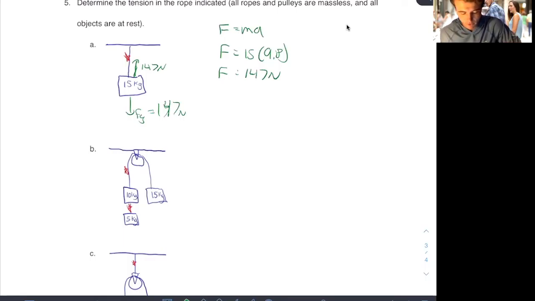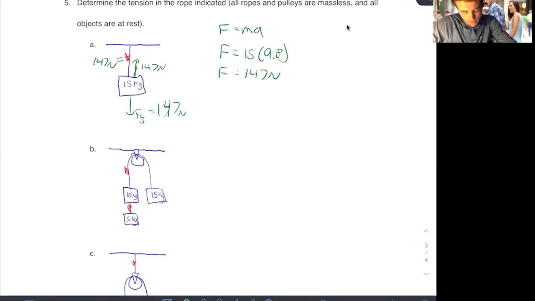So the tension in this rope is 147 newtons, and it's anchored to the ceiling, this little wall up here. Essentially, the wall is applying 147 newtons of force upwards, which balances out the block, which is applying 147 newtons in the opposite direction. So the net force of this object is 0.